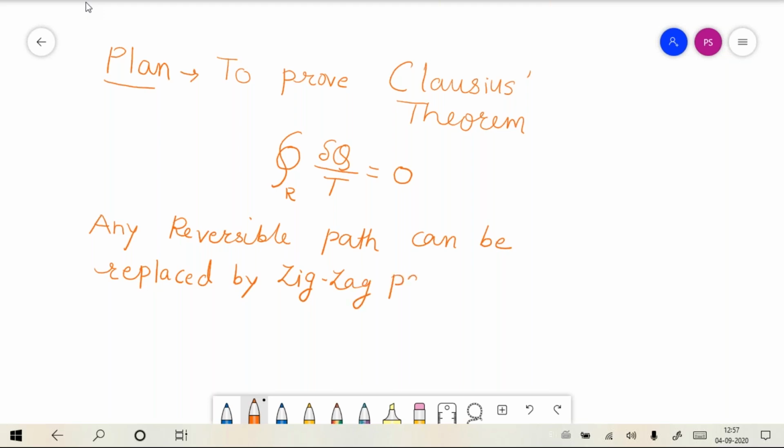And what are the three processes? Of the three processes, two would be reversible adiabatics.